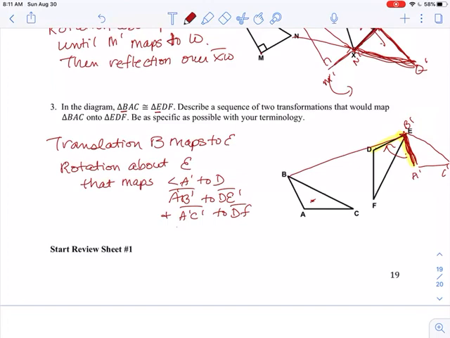So I'm going to rotate this so that this side maps onto this side. This side here maps onto this side. And that angle A right here maps onto angle D. Then you'd be all set and it would be in the exact spot. Okay, so this one, the rotation was the final thing because you rotated into that spot. You did not have to reflect it.